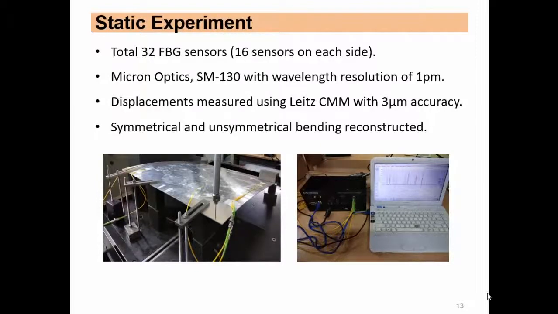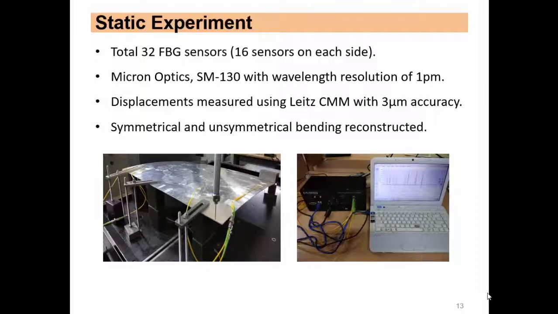We have done a static experiment. We used a total of 32 FBG sensors, 16 locations, because we need X and Y strains, with a Micron Optics SM130 interrogator with 1 picometer resolution.